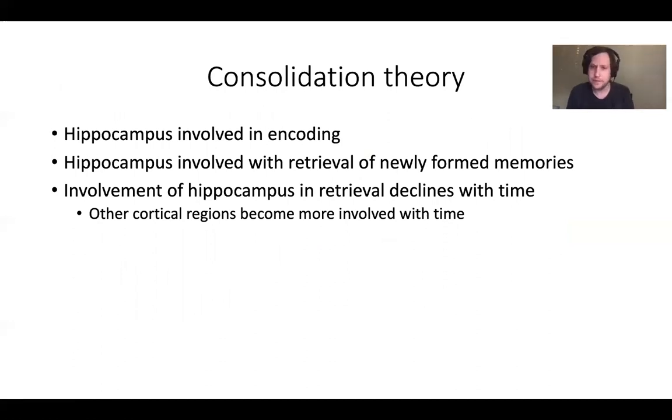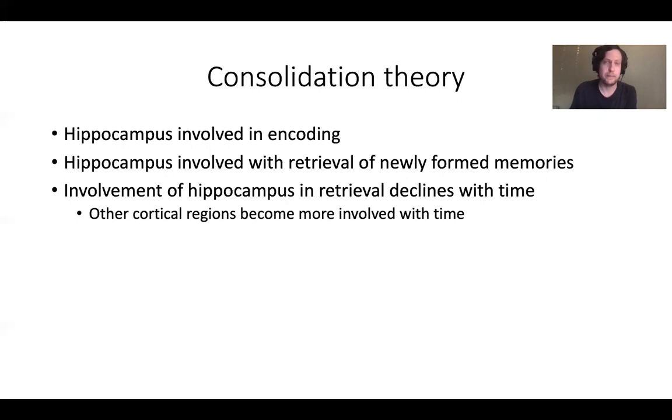But it also turns out that the hippocampus is important for retrieval of newly formed memories. So if I meet someone today, shake their hand, and they tell me their name, I can remember that information the next day, hopefully. And the next day I meet that person again and I have to retrieve their name from long-term memory.